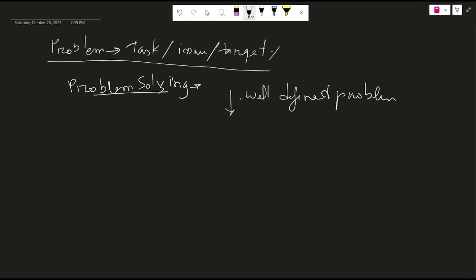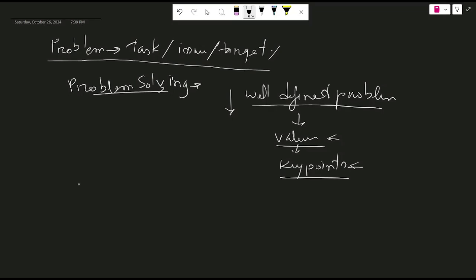A well defined problem has some key points, and using these points, we can solve any problem.